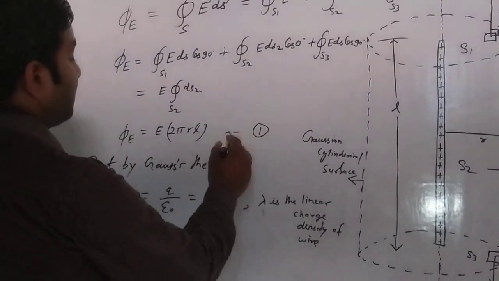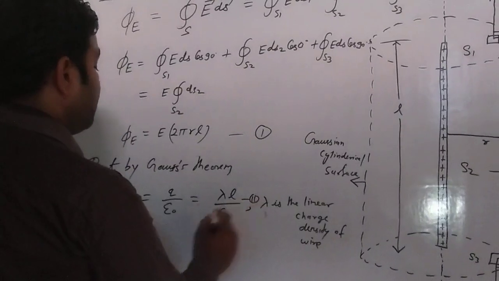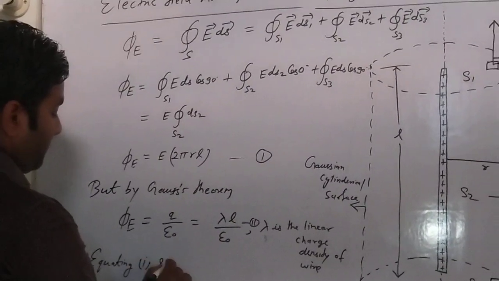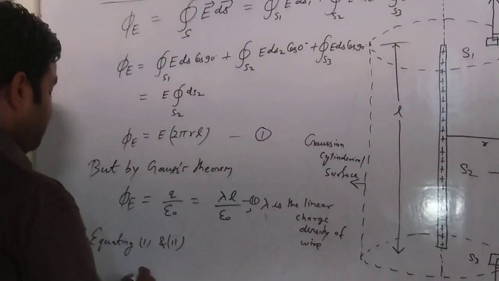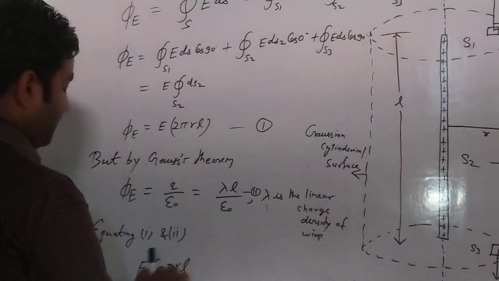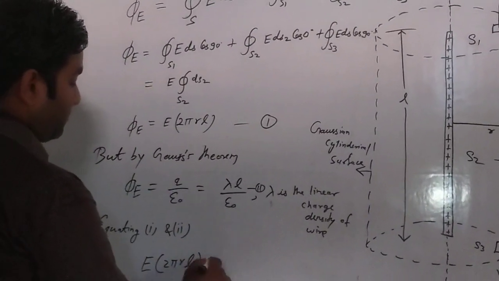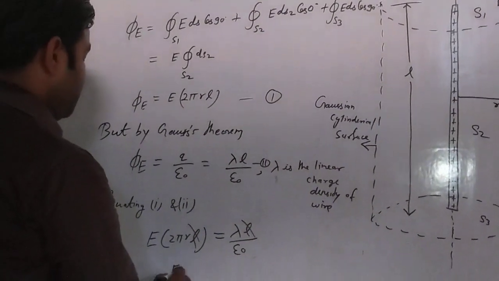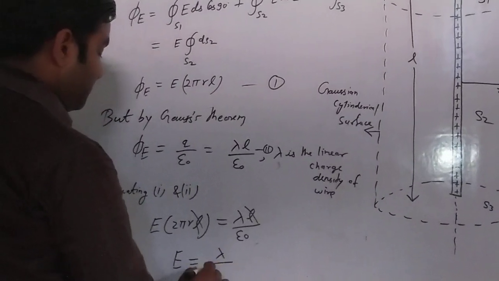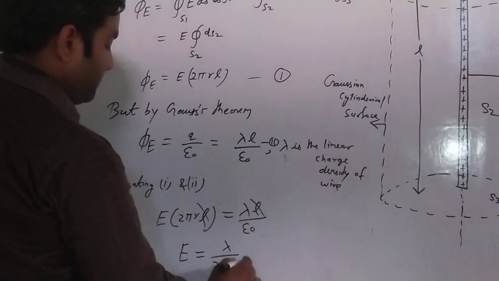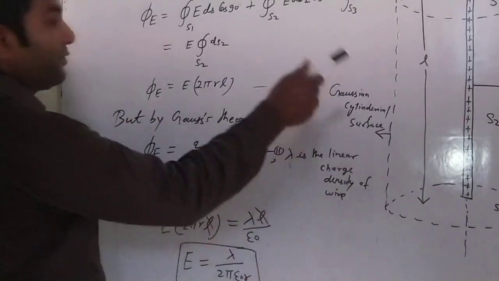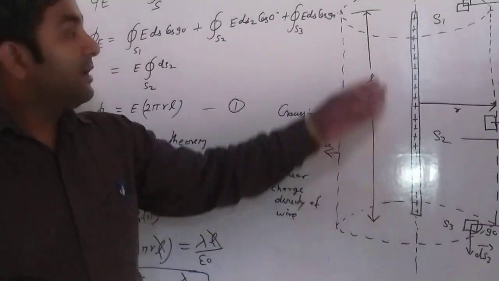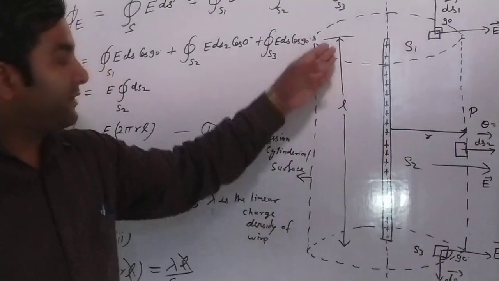Then equating equation 1 and 2, we get E into 2 pi r L is equal to lambda into L upon epsilon naught. Here L cancels out, so E is equal to lambda upon 2 pi epsilon naught r. This is the value of intensity at point P. Here it is free from L. It means for an infinite charged wire, the value of intensity will be the same as for length L.